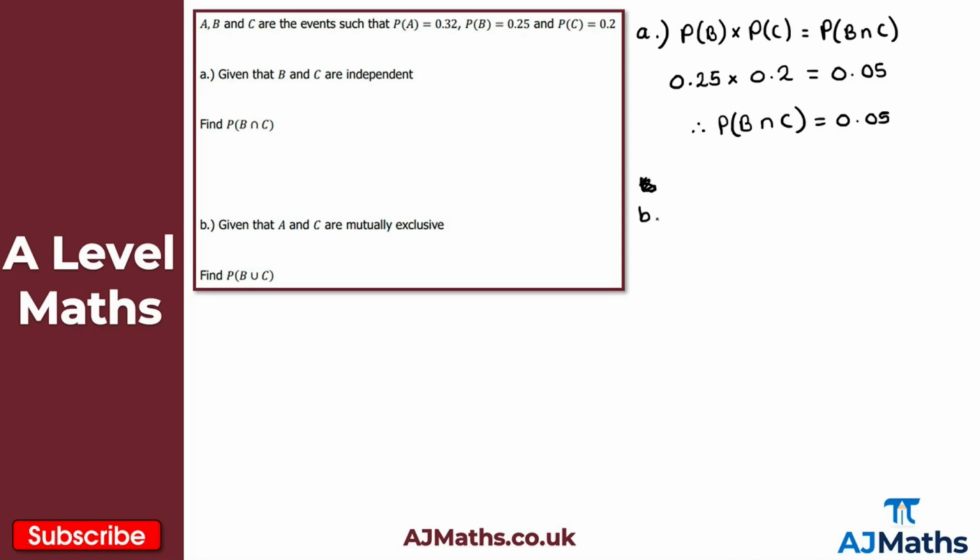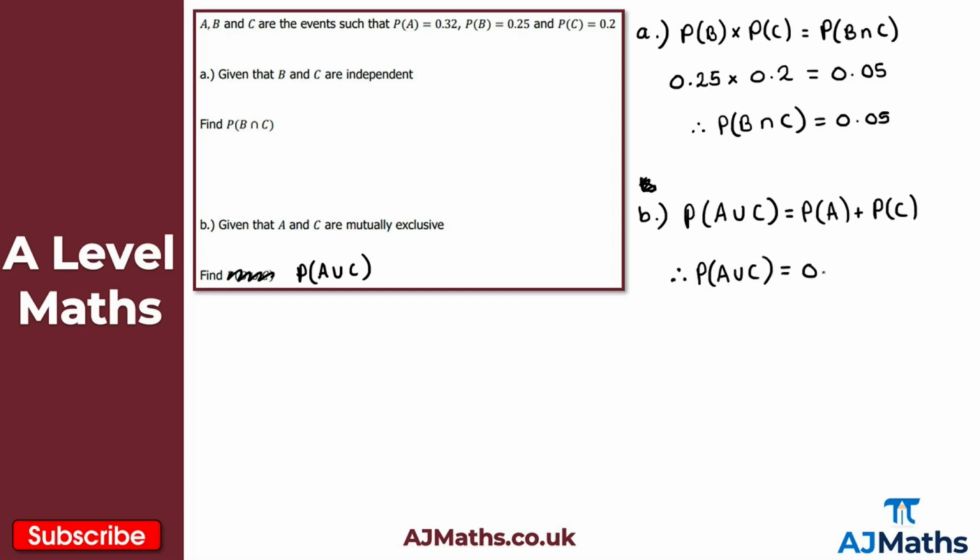Now for part B. There's a tiny mistake, so this should be the probability of A union C. We're given that A and C are mutually exclusive, and we're asked to find the probability of A union C. If A and C are mutually exclusive, then the probability of A union C will be the probability of A plus the probability of C. The probability of A is 0.32, and the probability of C is 0.2.